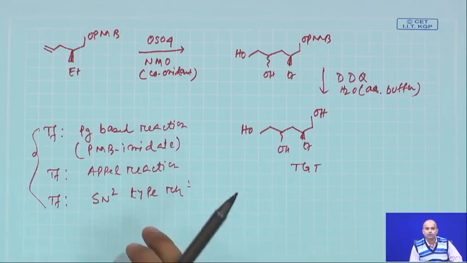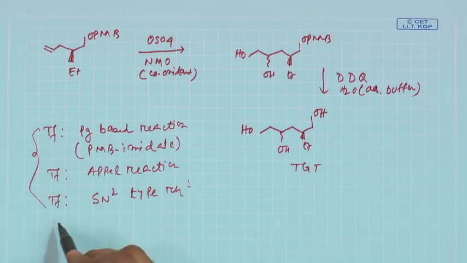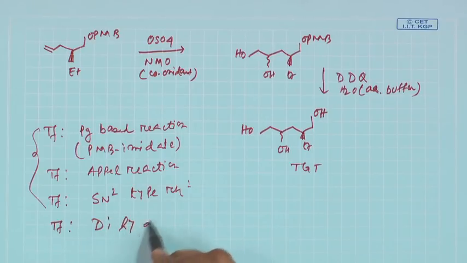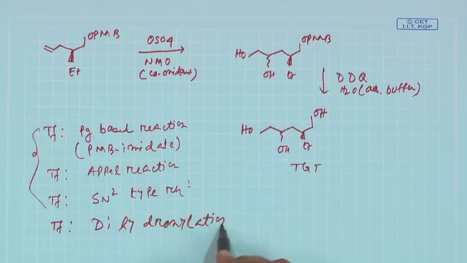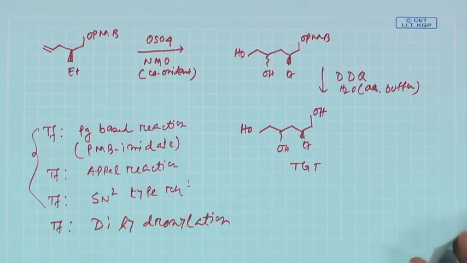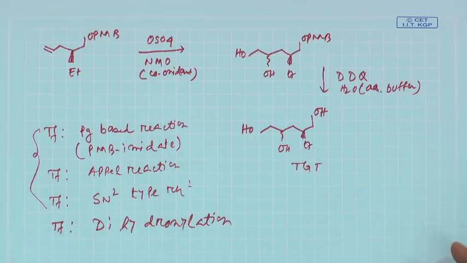This alcohol to bromide functional group transformation can be easily done with the help of the Appel reaction, and finally we also used a dihydroxylation reaction, an osmium tetroxide mediated dihydroxylation. Those are the finer aspects you need to always think about.